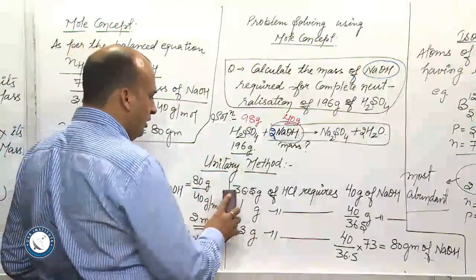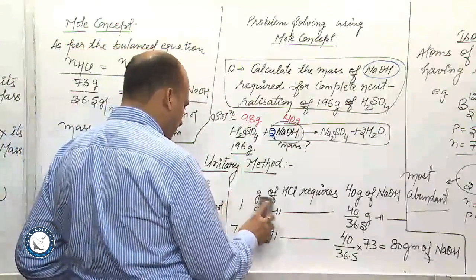How many people are not able to solve by unitary method?